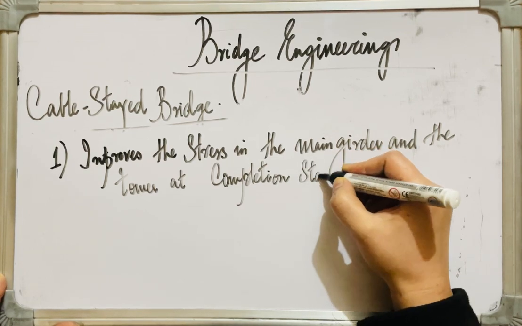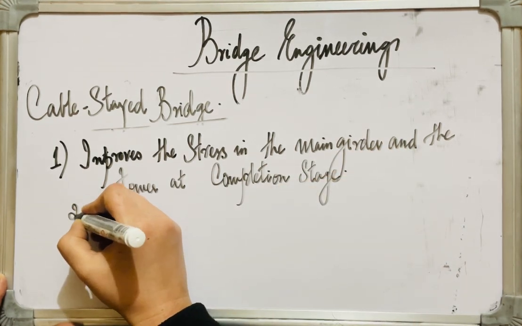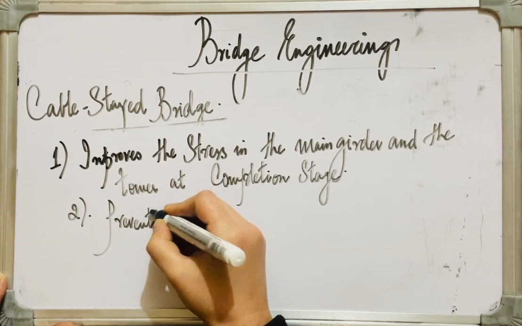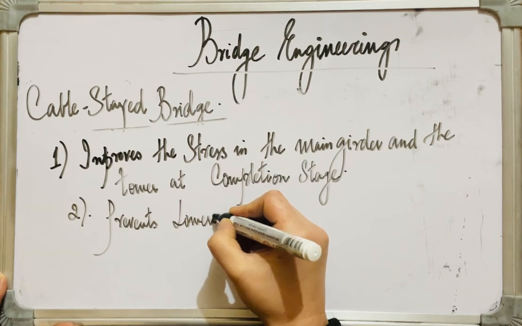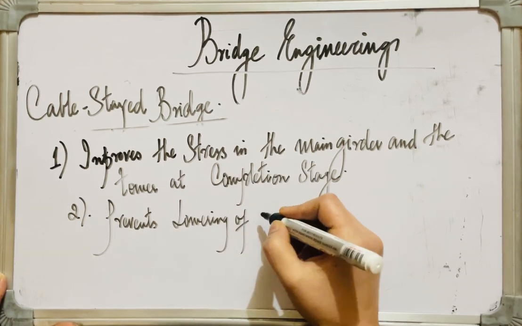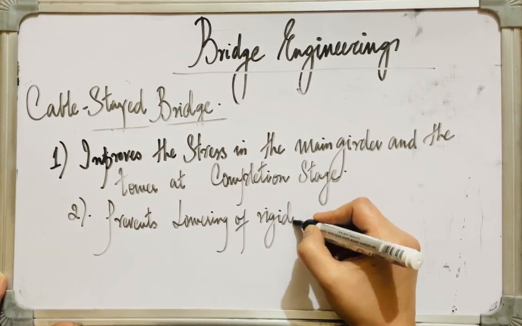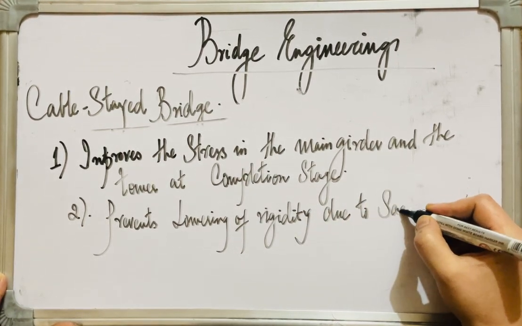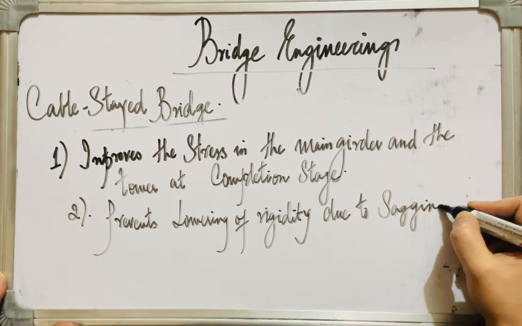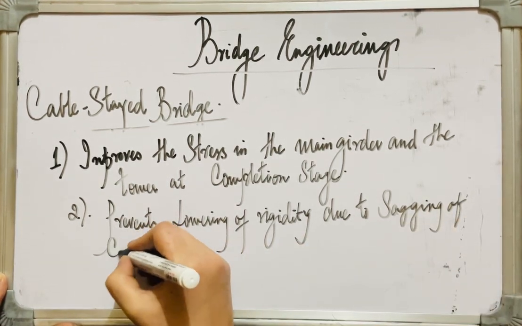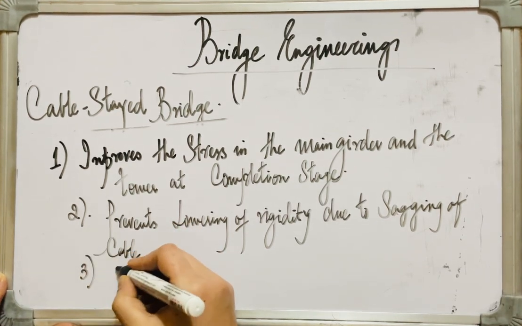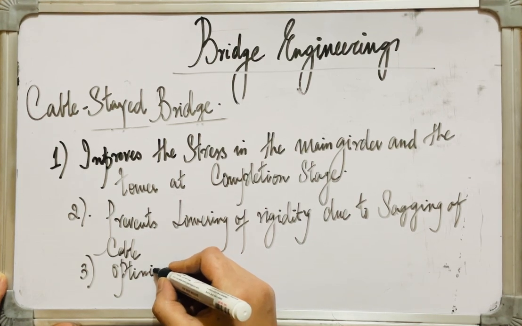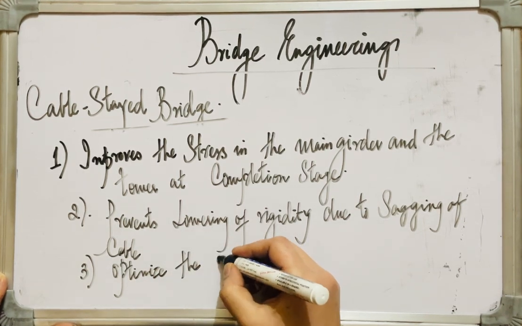The second advantage of going for pre-stressing is that it prevents lowering of rigidity due to sagging of cable. And the third one is it optimizes the cable condition for the erection.